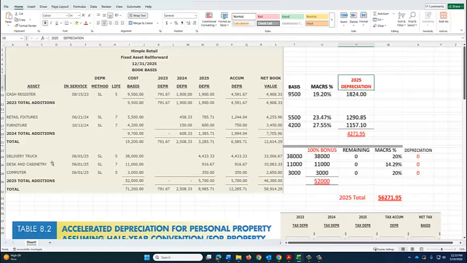Here we have a list of all of Trish's assets. She purchased some in 23 and 24, and here are her current additions for 25. The depreciation, you'll see, has been calculated already, but it used the straight line method.